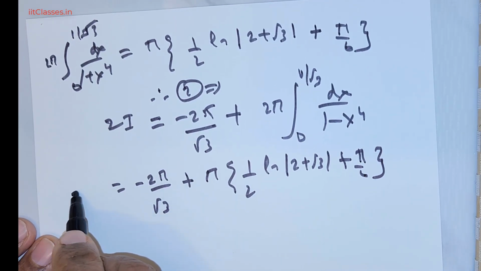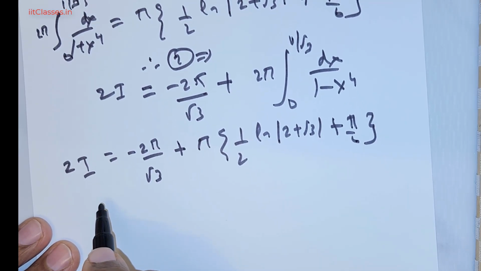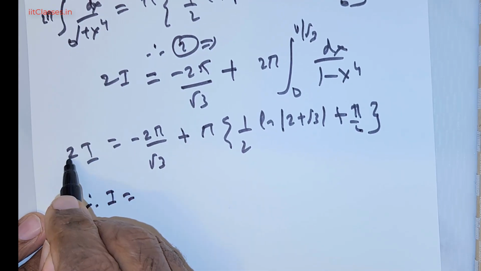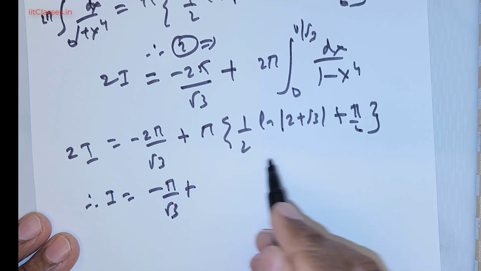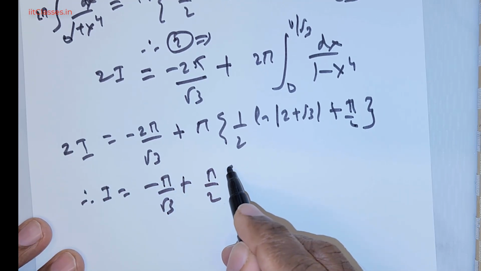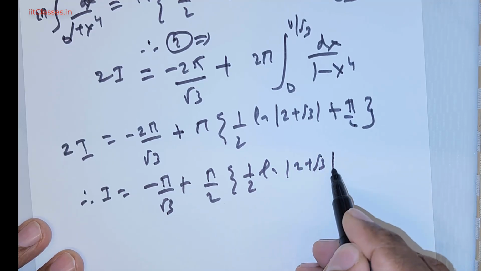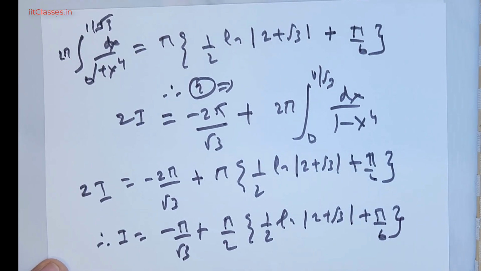On the left you have 2 times I. So we need just I. So therefore I is equal to 2 comes over here, so you have negative pi over root 3, positive 2 comes down, so you have pi over 2 of 1 over 2 ln modulus 2 positive root of 3 positive pi over 6. So this is what we have got.